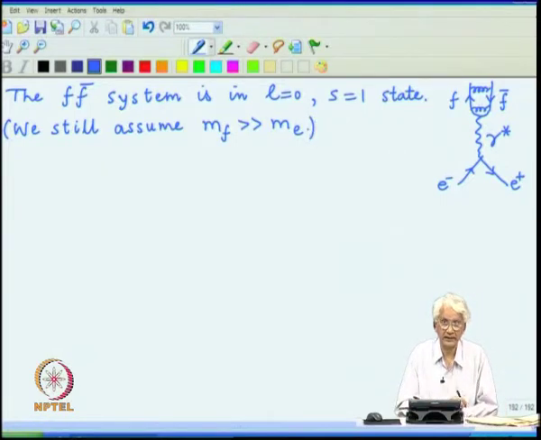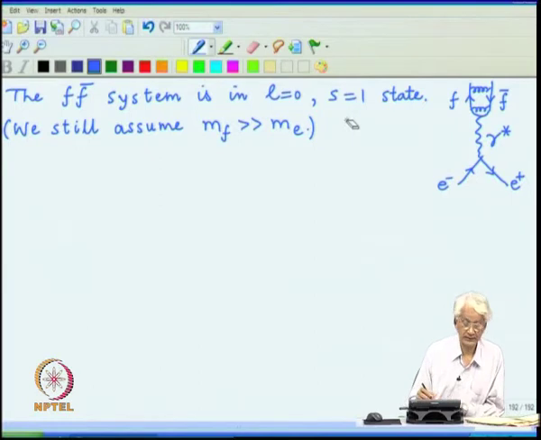So, the electron helicity rule holds to an excellent approximation, and then the spin state has S equal to 1.